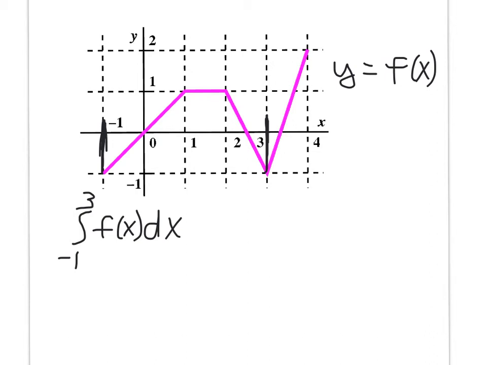What we're going to need to look at is how the area will represent what parts of this definite integral. Now, from -1 to 0, we have a little triangle, and that little triangle is below the x-axis.